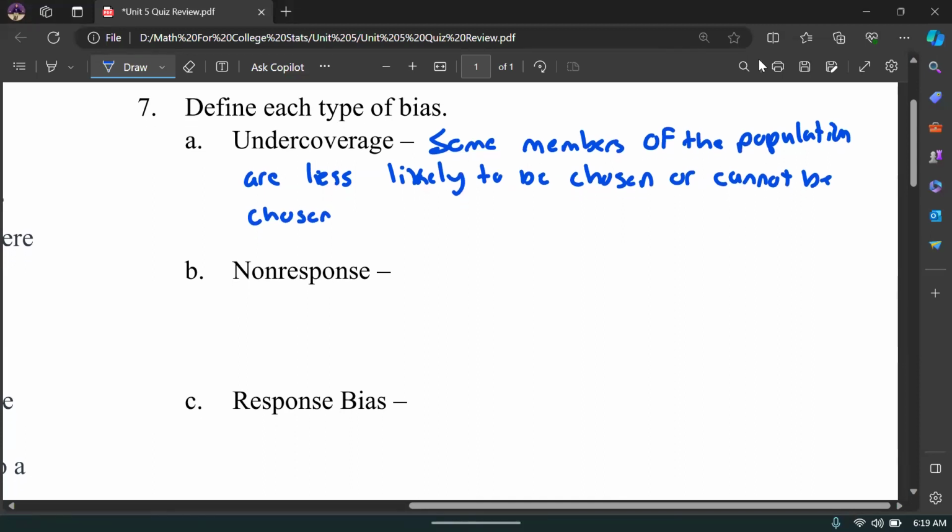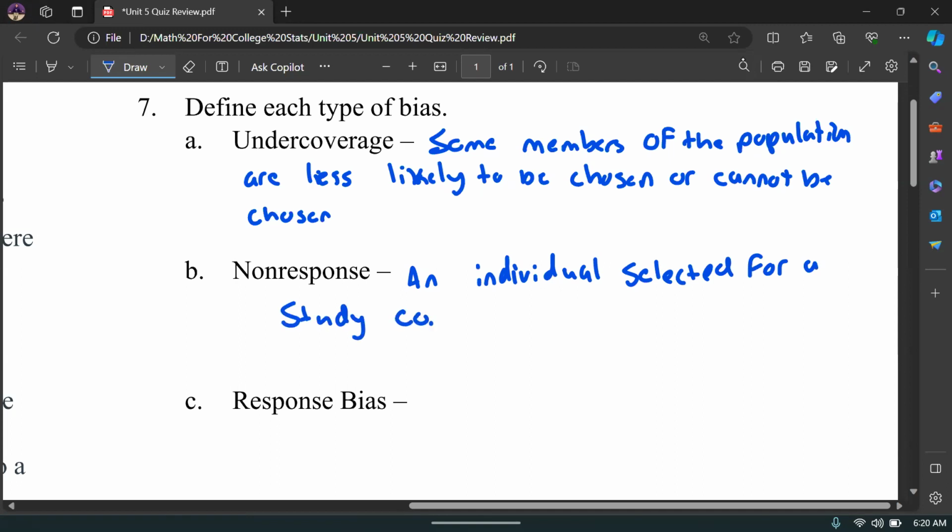B, non-response. An individual selected for a study cannot be contacted or refuses to participate.